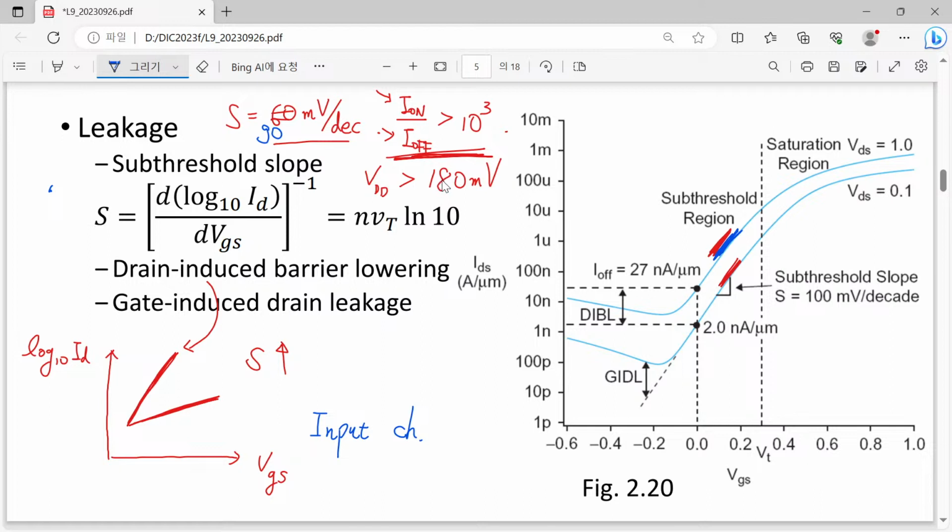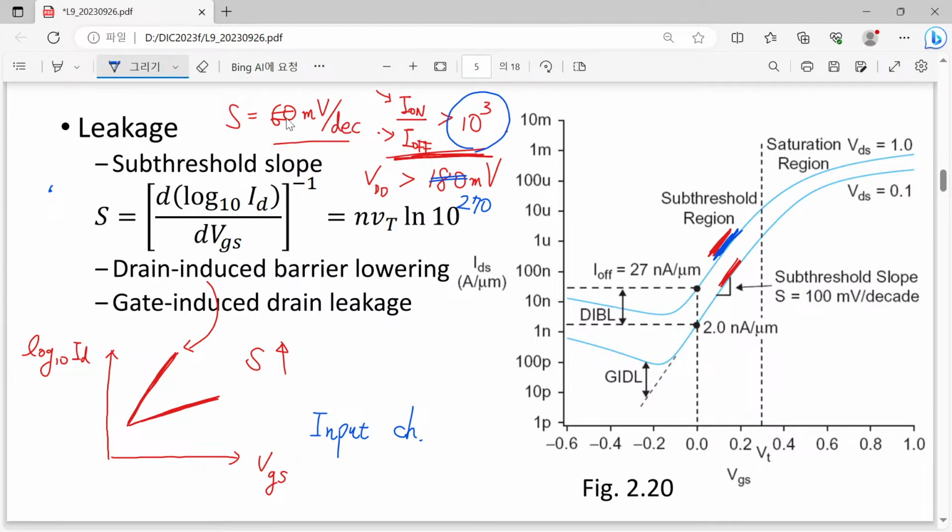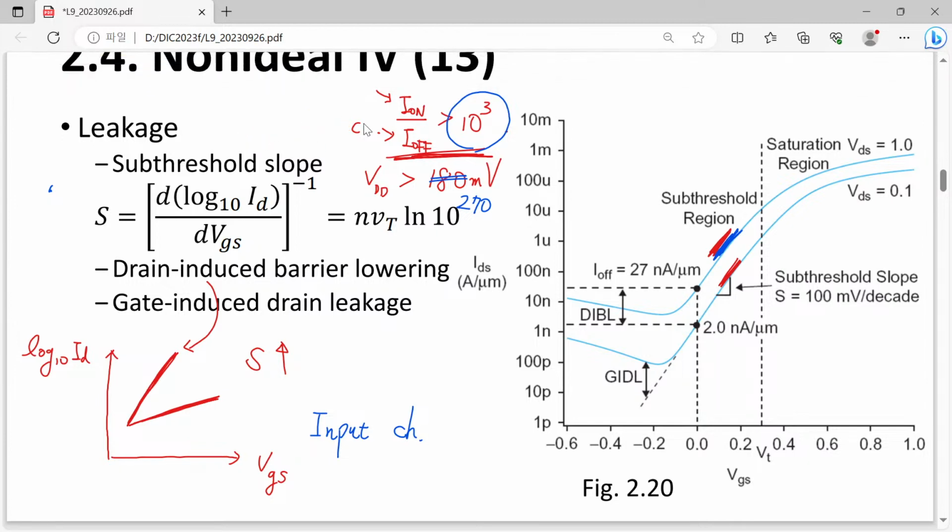Instead of 180 millivolt, we have to have 270 millivolt in order to get 3 orders of difference between I on and I off. So simply speaking, this subthreshold slope determines the minimum allowed voltage between 0 and VDD.